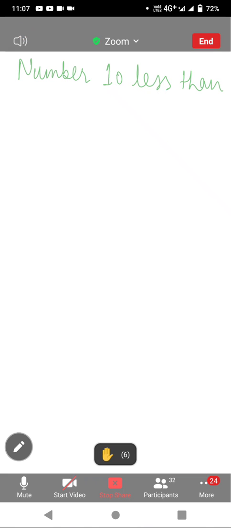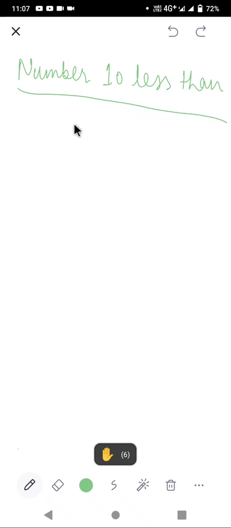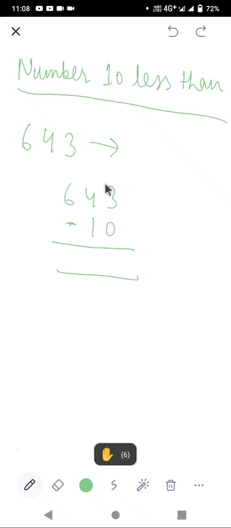So in this we are going to subtract 10 from a number. Here we have the number 643. What is 10 less than 643? We'll just subtract 10.